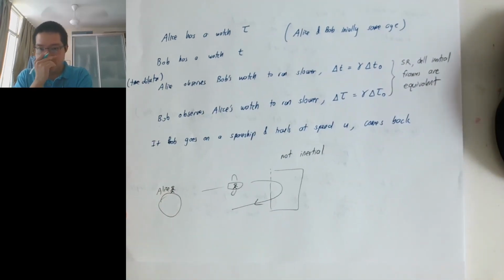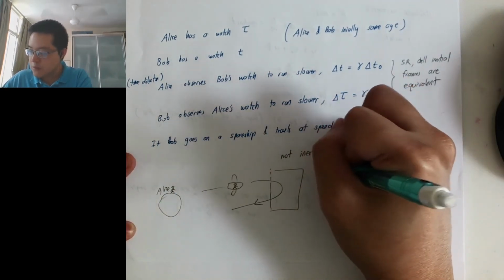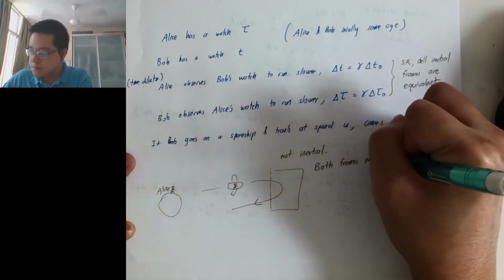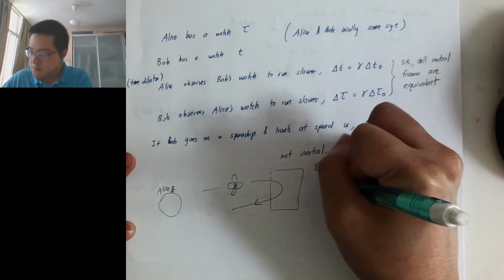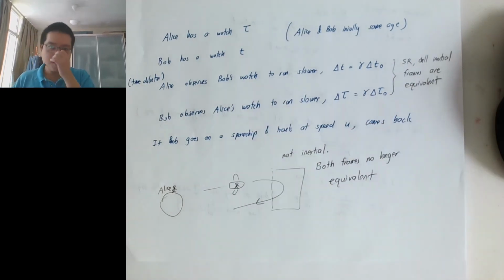If it's not inertial, then both frames are no longer equivalent. So that is why. Am I making any sense?